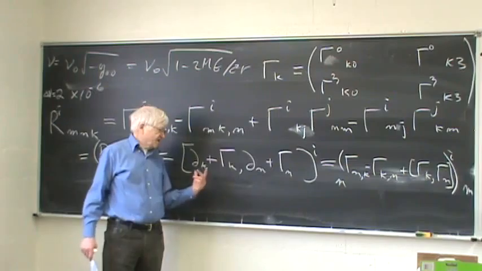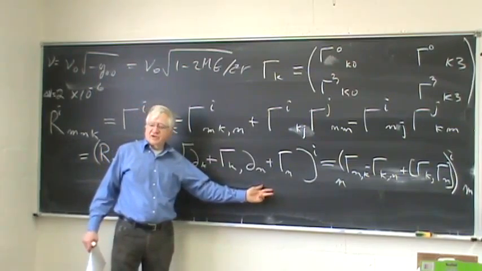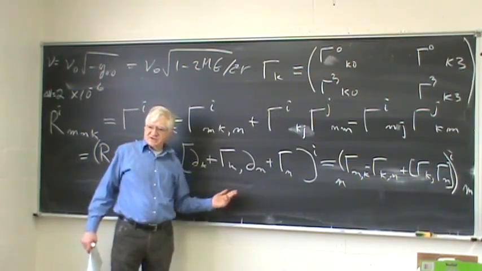So it's a commutator of 2 covariant derivatives in the Yang-Mills sense.